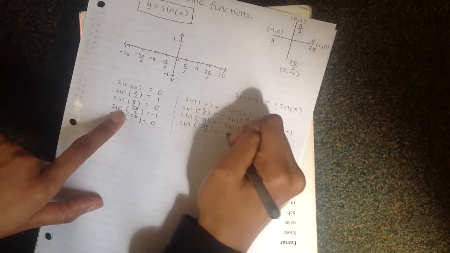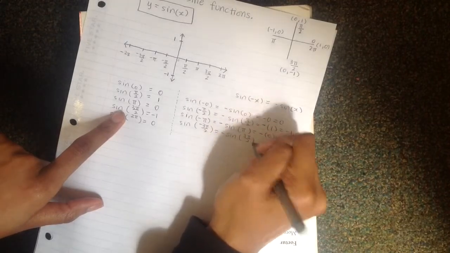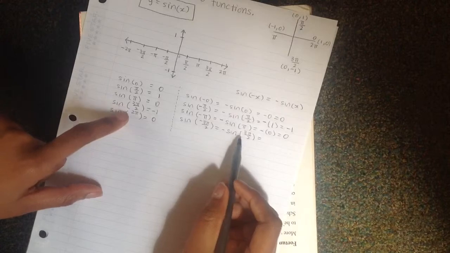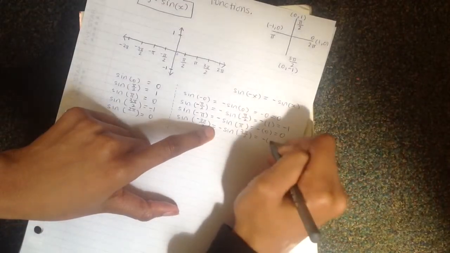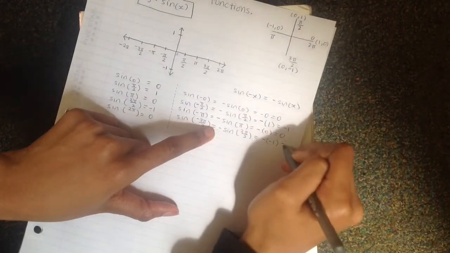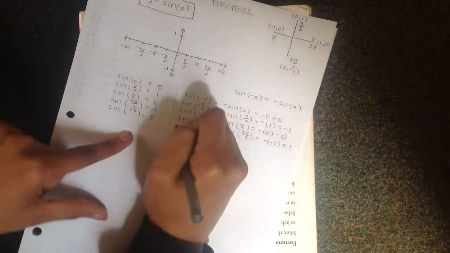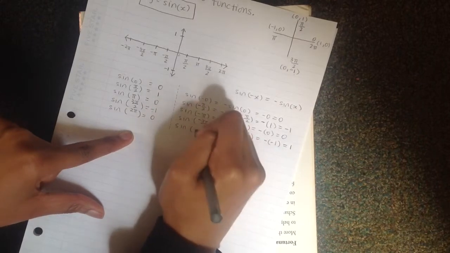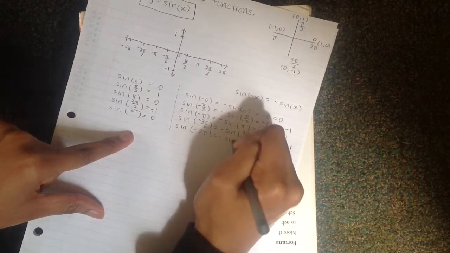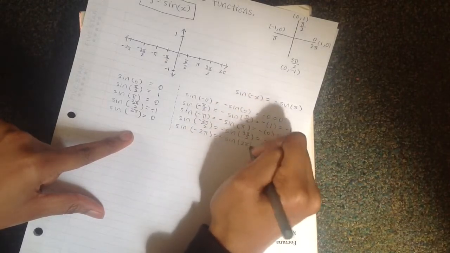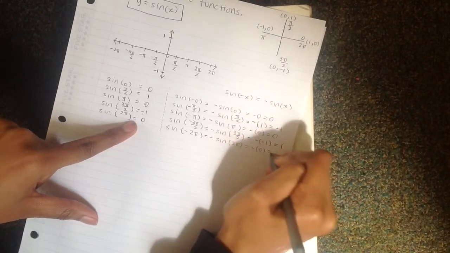That's equal to negative sine of 3 pi over 2. We know that sine of 3 pi over 2 is negative 1, so this is minus negative 1, which is positive 1. Then we have sine of negative 2 pi. That's equal to minus sine of 2 pi. Sine of 2 pi is 0, so this is negative 0, which is 0.